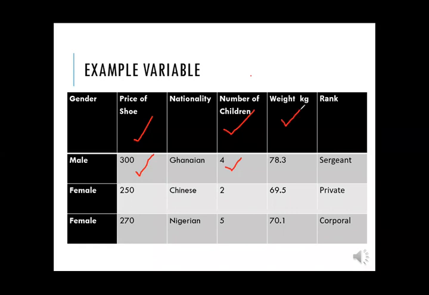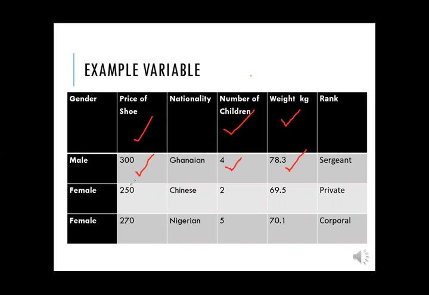And then weight is also a quantitative variable, so we get corresponding quantitative data. Good. Then the others are all quality in nature. Now we have established that there are two main types of variables, qualitative and quantitative.